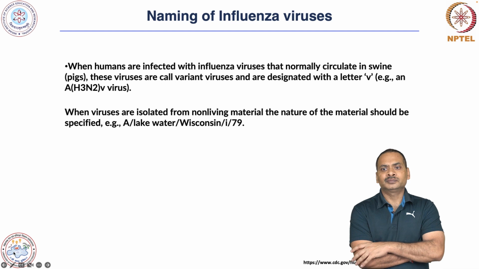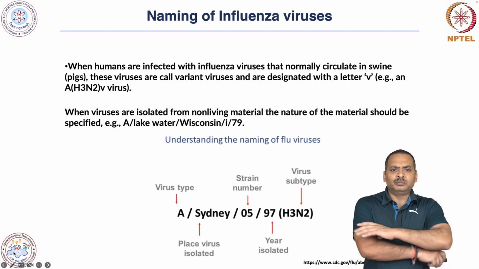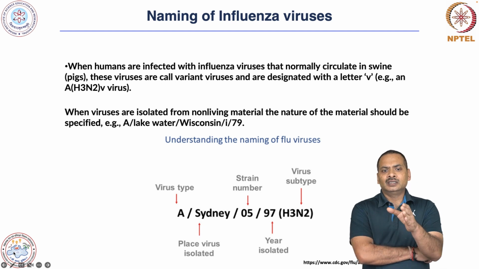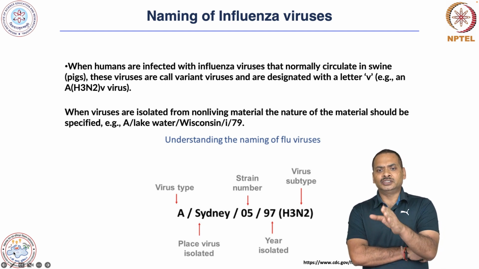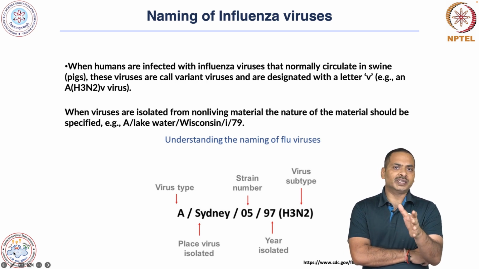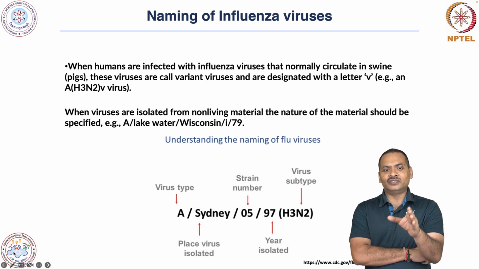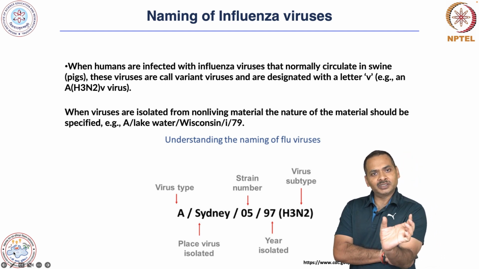Here I have one example, A Sydney 0597 H3N2. A stands for virus type, and you can see that after A the animal name is not given.